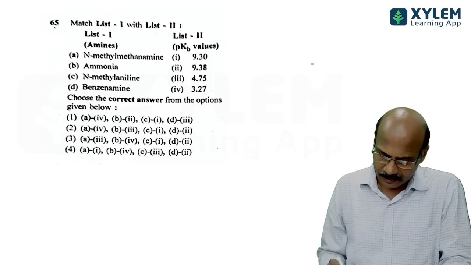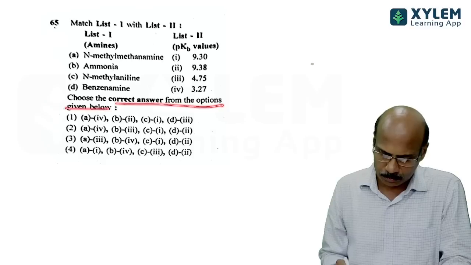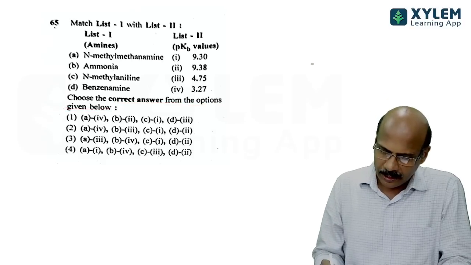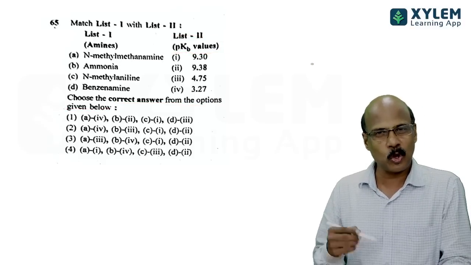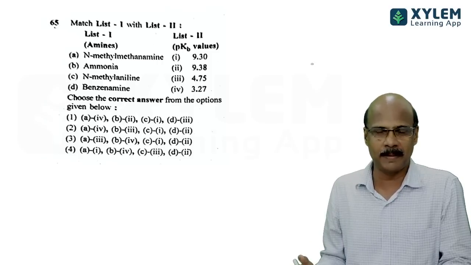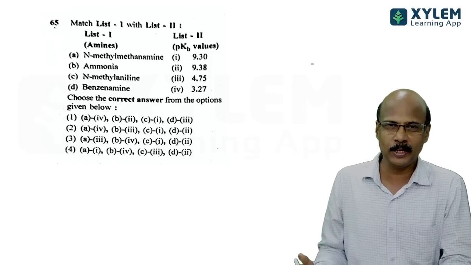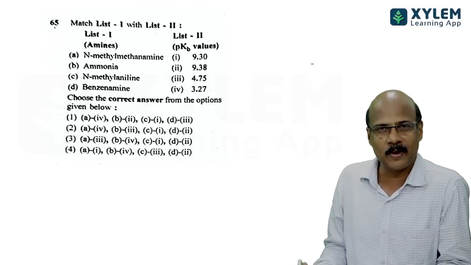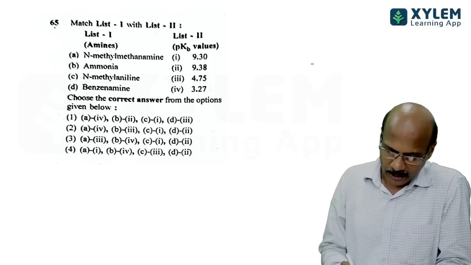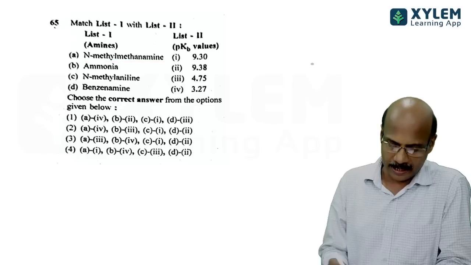What is asked here? The correct answer for the options given. So we are given the pKb values. The stronger the base, the higher the Kb, you know. The greater the Kb, the lower the pKb, because pKb means negative log Kb. Clear? So N-methyl methanamine.